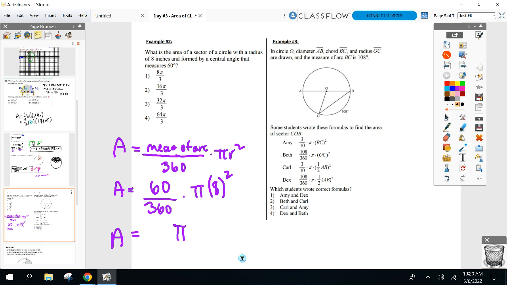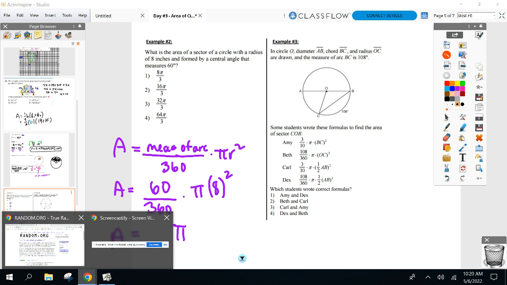If you're still getting a decimal, hit your math button and change it back to a fraction. But we should not be plugging in pi. So I notice all the answers are in terms of pi, so I leave it out of my calculation.